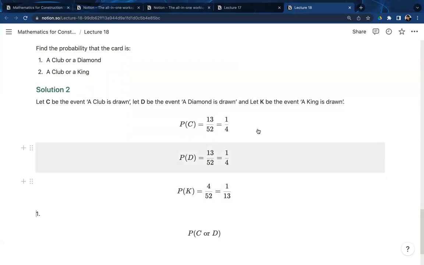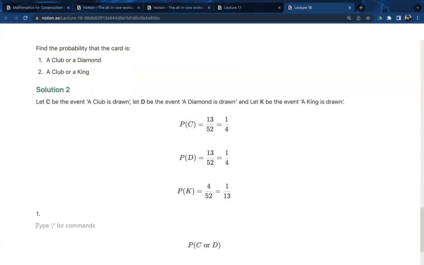But how do we use these numbers here to get that, right? The events C and D are mutually exclusive, since they cannot occur together, right?